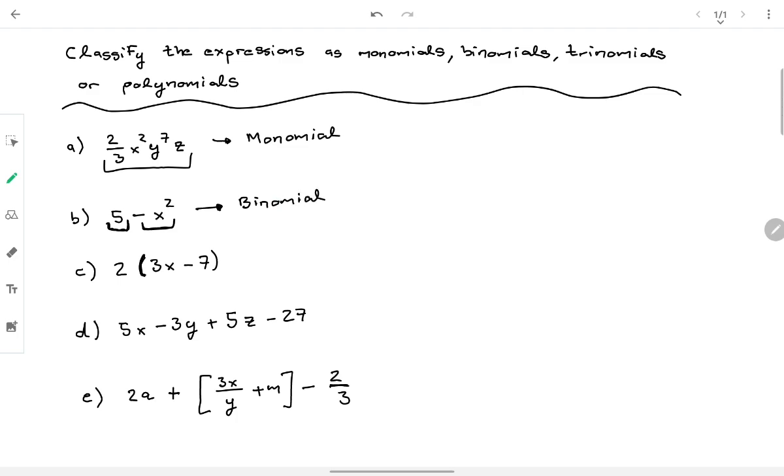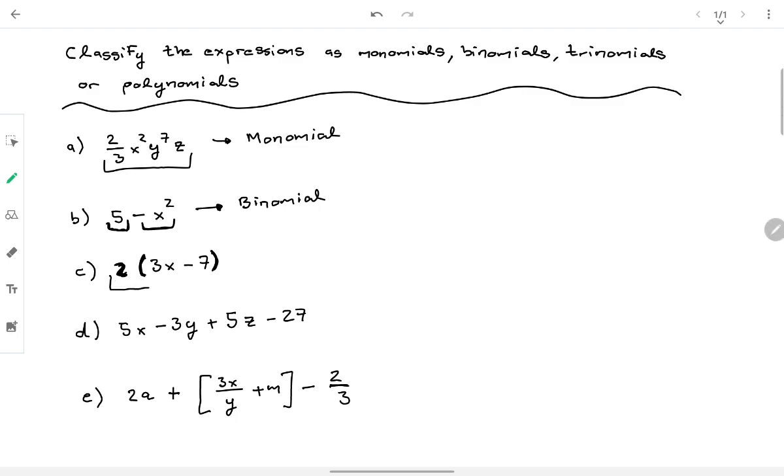In the third case, we need to be very careful because, remember, when something is in parentheses, we can classify it as a monomial, and the number 2 is multiplying that monomial. There is no addition or subtraction sign after or before the expression.